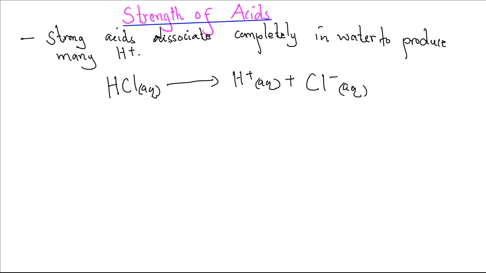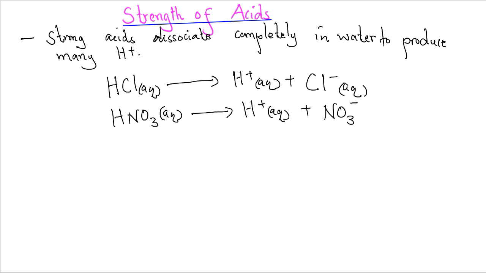It is giving hydrogen ions, so therefore it is known as a strong acid. Another example, nitric acid, which also ionizes to give hydrogen ion and nitrate ion.